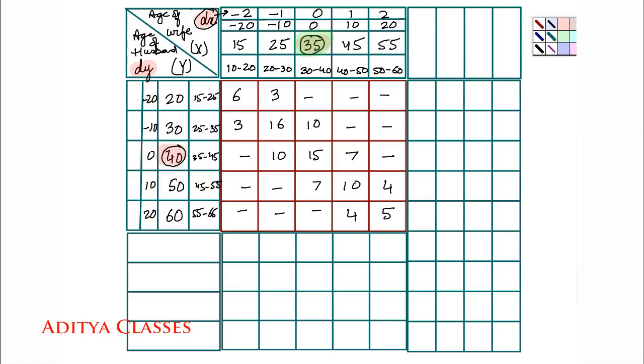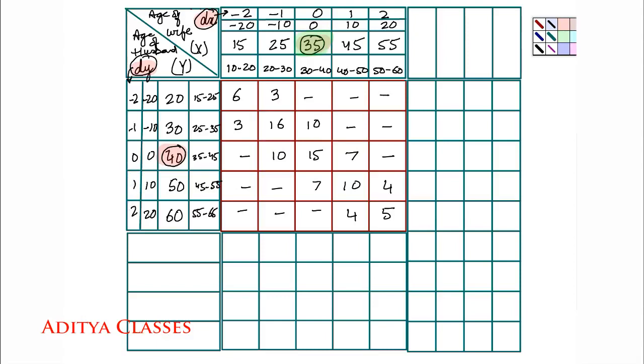So here we have minus 20, minus 10, 0, 10 and 20. Once again, same kind of values. Can I divide all these values by 10? Definitely, and get minus 2, minus 1, 0, 1 and 2. So dy comes to be minus 2, minus 1, 0, 1 and 2.